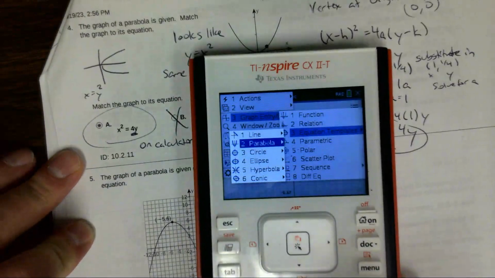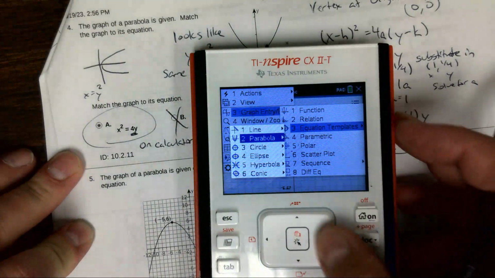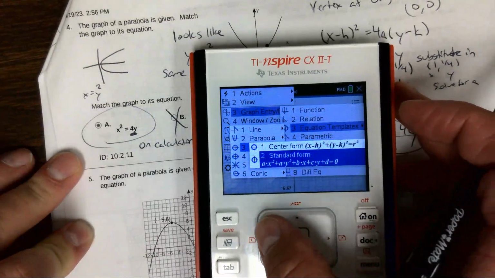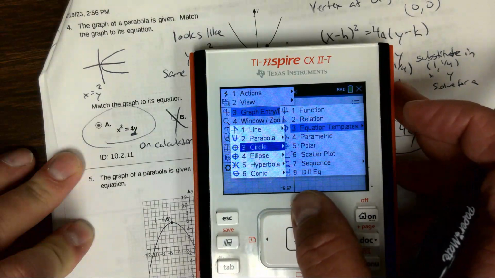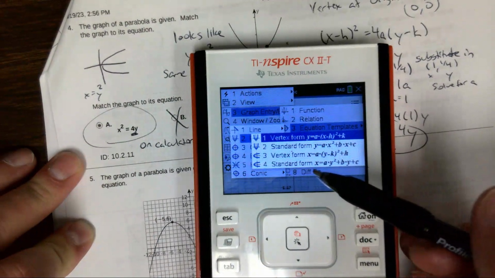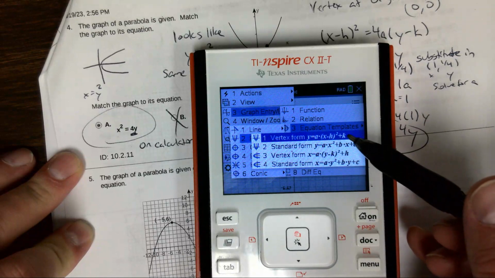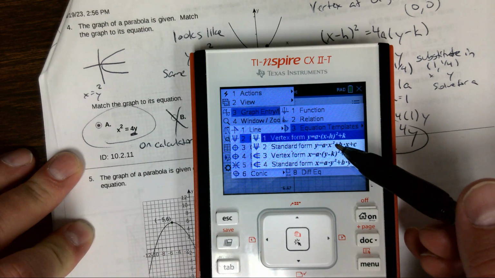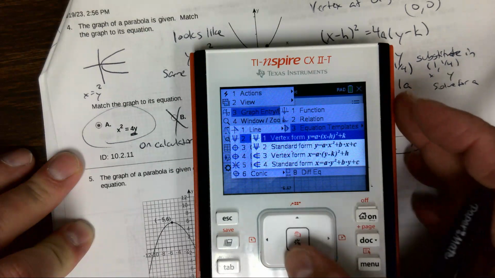On here, these are solved for y. So even though they have x squared in them, like for the top two, you're probably going to end up having to use standard form.